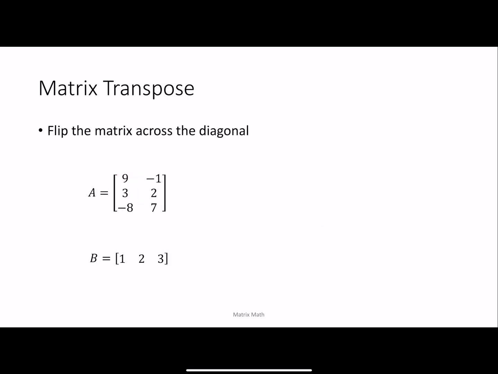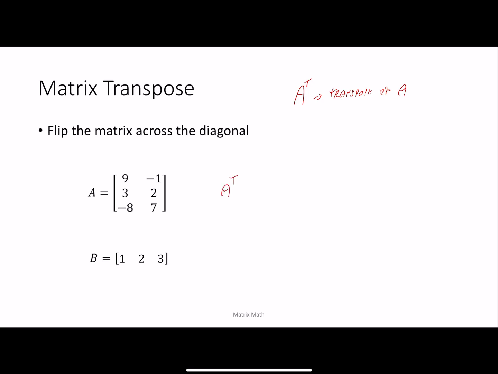There is another operation. Just like we can transpose a vector, we can also transpose a matrix. The idea is the same: everything that was a column before becomes a row, and everything that was a row becomes a column. So, just like in the vector case, we write A transpose to be the transpose of A. Let's compute the transpose of A in this case.